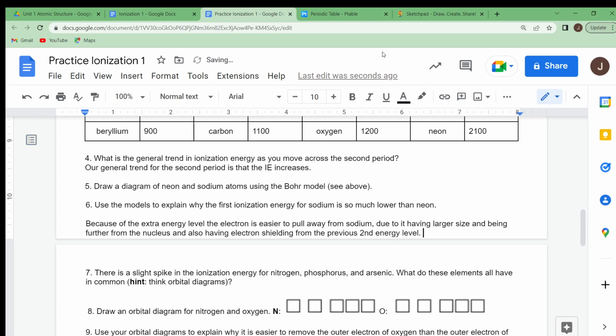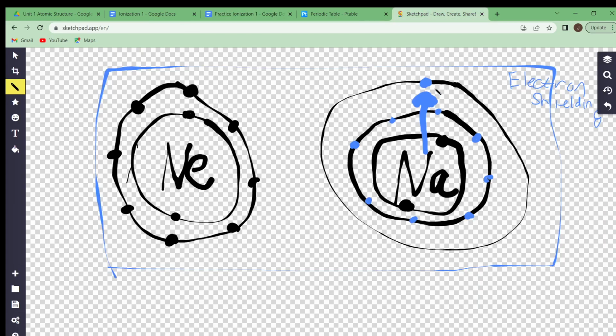Okay, and both those factors are kind of keeping that electron, making it easy for us to go ahead and steal that away.